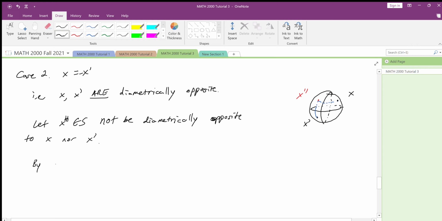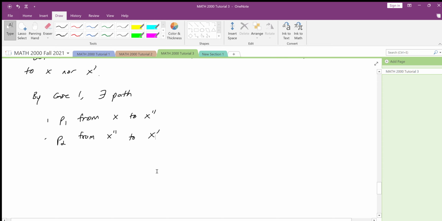So by case 1, there exists a path P1 from x to x double prime, and there exists a path P2 from x double prime to x prime, and these paths P1 and P2 both have a domain of 0 to 1, and both have an output on the surface of the sphere. So what remains to be done is take the concatenation.